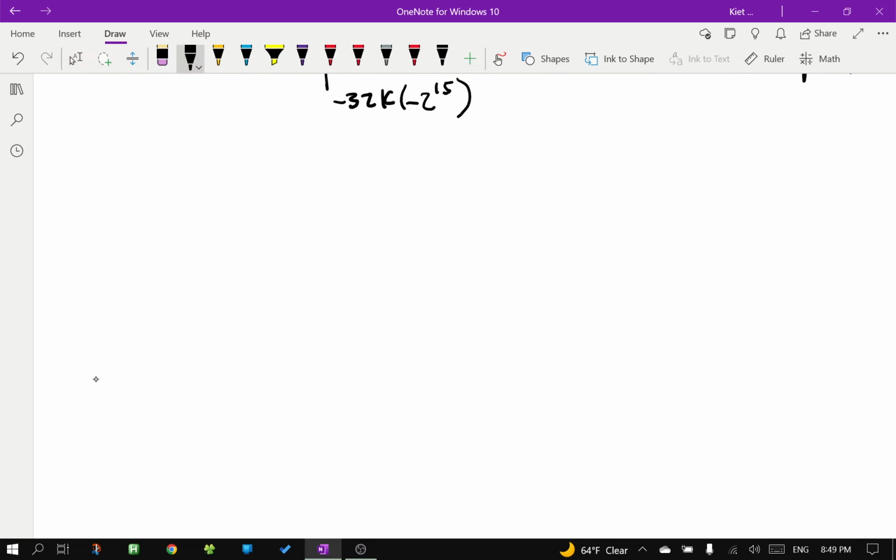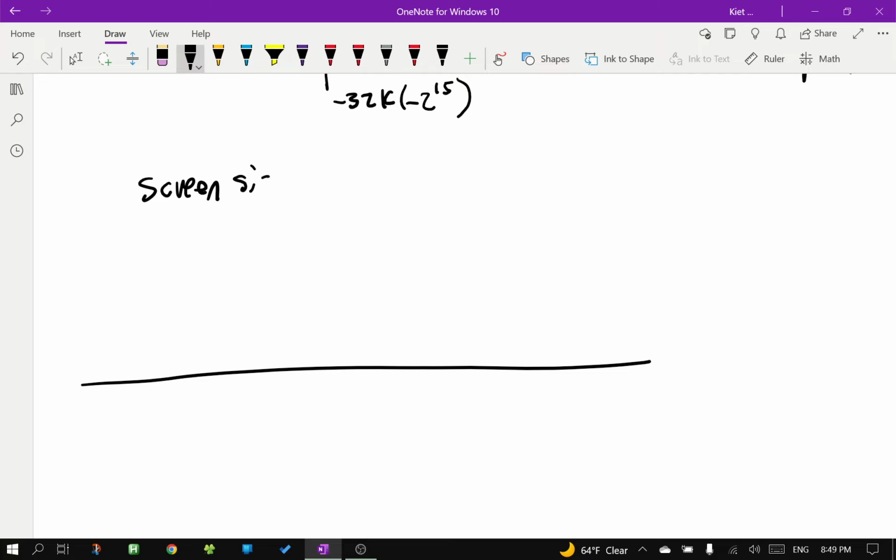Imagine you're trying to render the waveform, and your screen size could be 1920 by 1080.